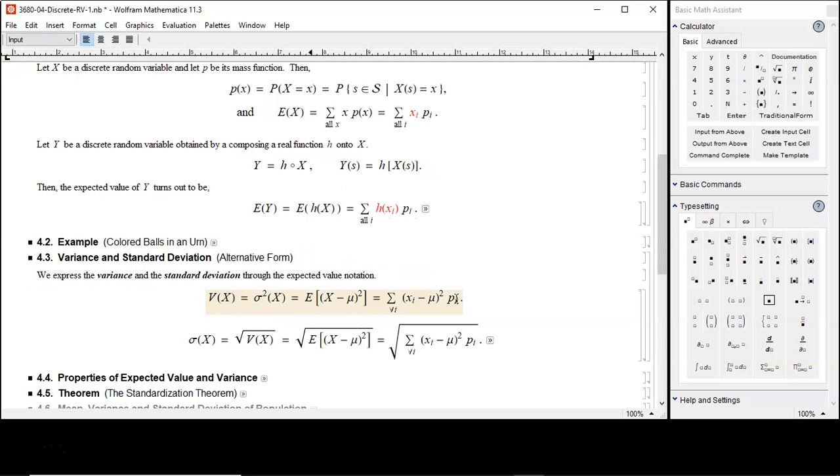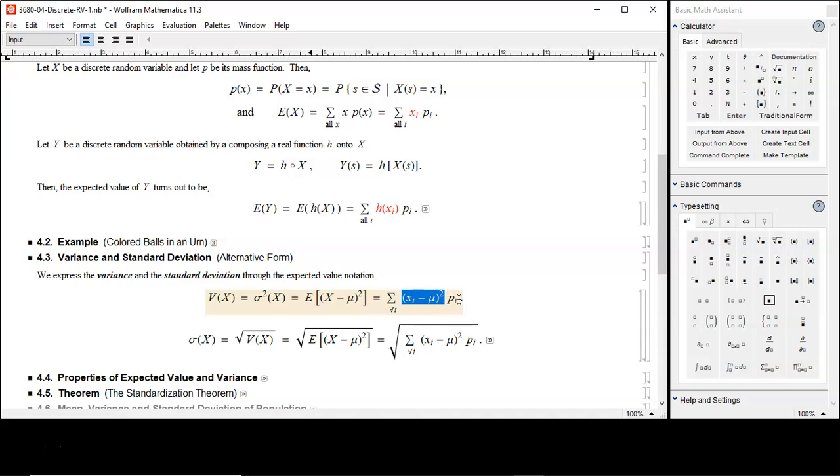For variance, same probability, but here I get x minus mu squared. So it's the same as the expected value of capital X minus mu squared. So consider this part as a composite random variable.